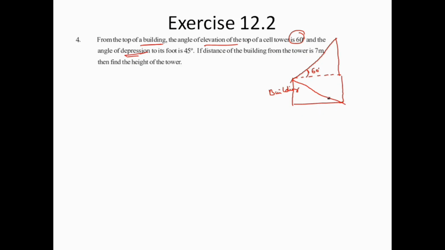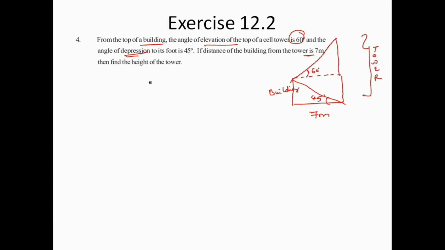I need to take care this angle is 45 degrees. If the distance of the building from the tower is only 7 meters, it is just 7 meters. So this is your required tower. Okay, I hope I'm clear up here.